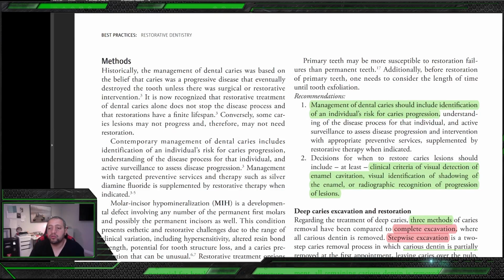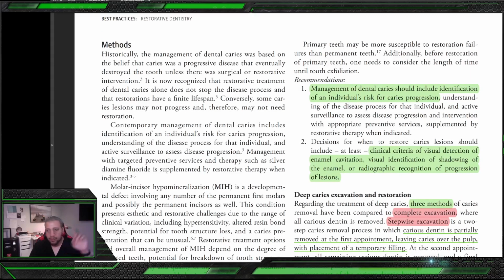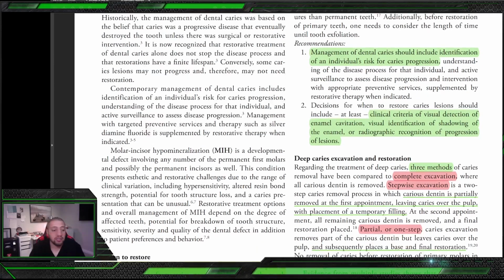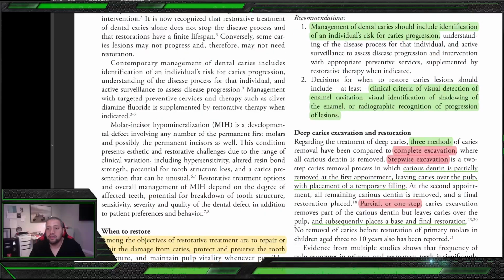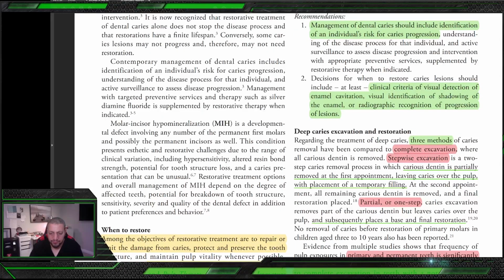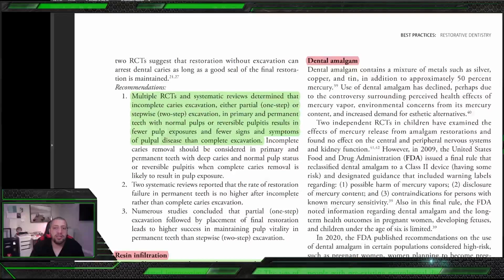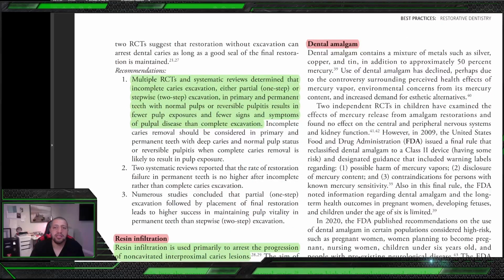The decision of when to restore a caries lesion should include at least clinical criteria of visual detection of enamel cavitation, visual identification of shadowing of the enamel, or radiographic recognition of progression of the lesion. So these are the three we speak about. He's explaining them again, along with complete excavation. We spoke about this before, and he says the stepwise or one-step approach is more frequently used now.